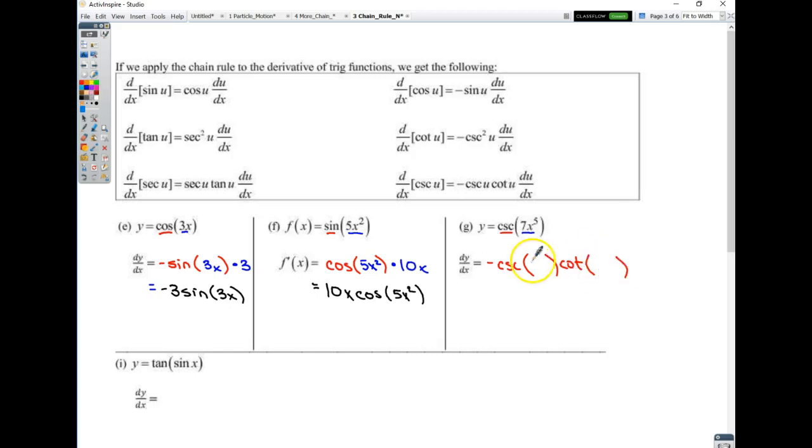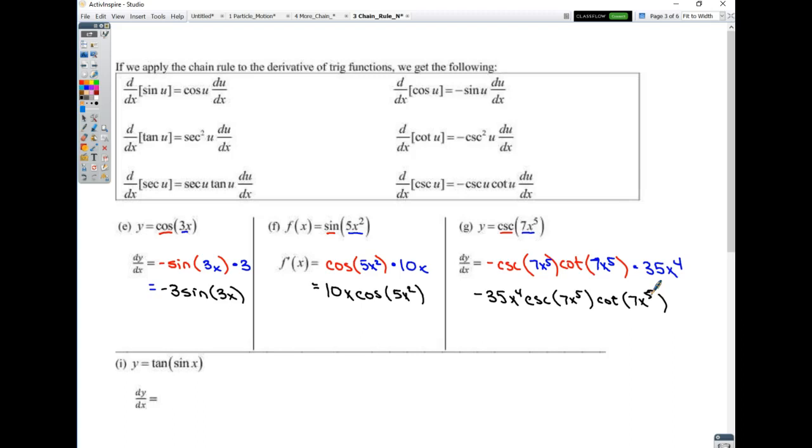Those somethings happen to be 7x to the 5th, which means we need to multiply by the derivative of that 7x to the 5th to get 35x to the 4th. A little more complicated response, but 35 times the negative is negative 35x to the 4th, cosecant of 7x to the 5th, cotangent 7x to the 5th, and we call that a day.